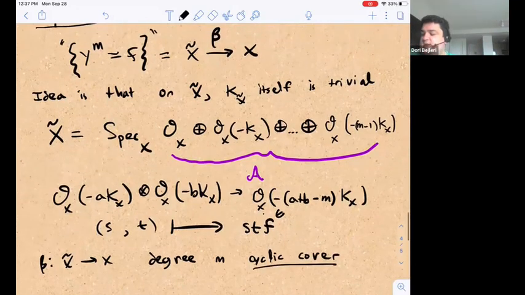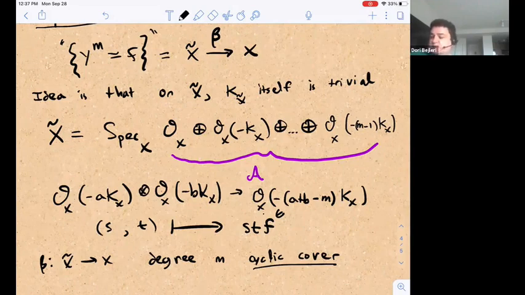Cyclic here means that the cyclic group on m elements acts on X tilde, and it acts by the grading here. So an action of mu_m, the cyclic group of m elements, is the same as your algebra that you're taking spec of being graded by the elements of the dual group.